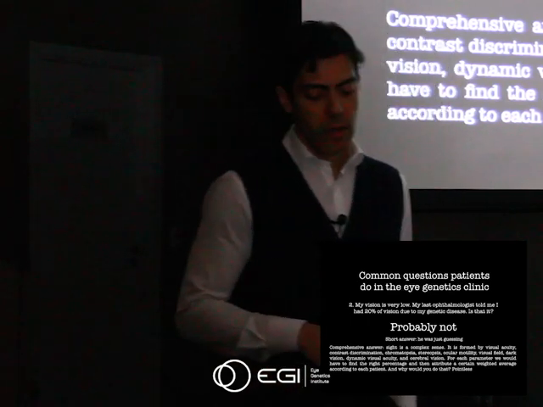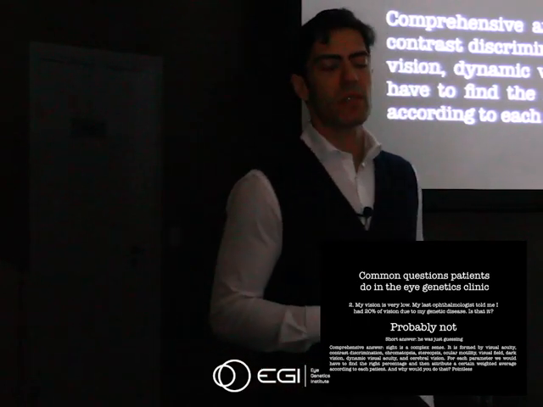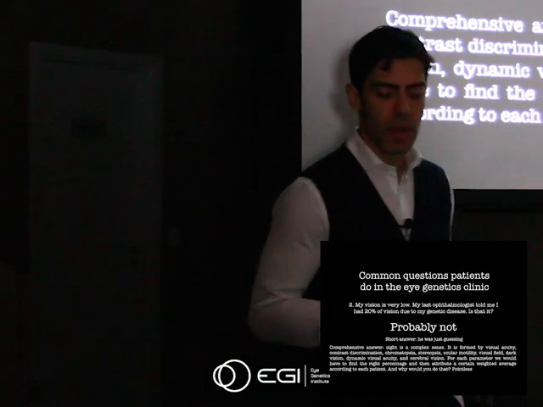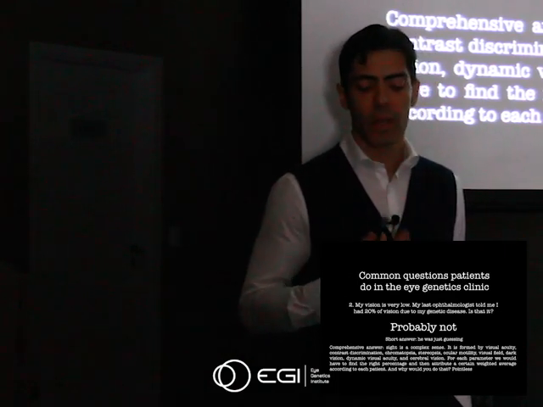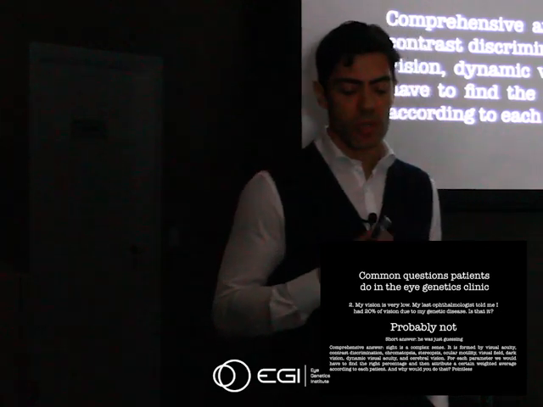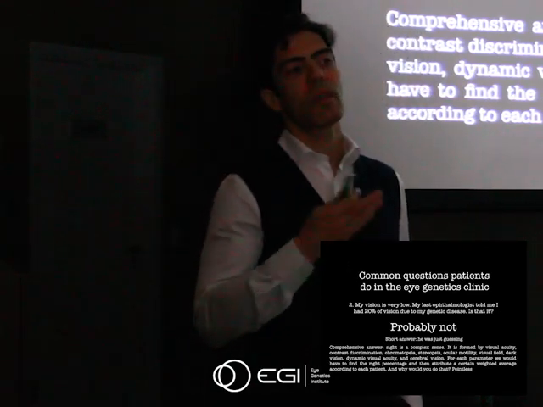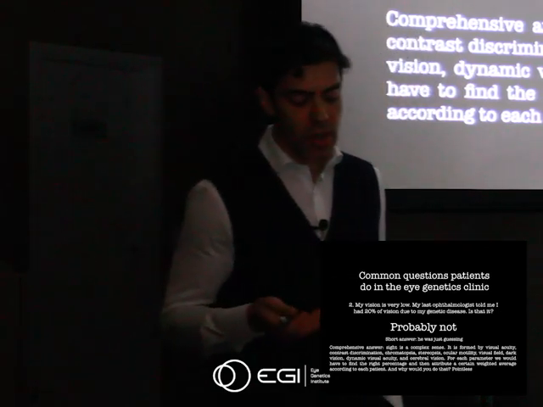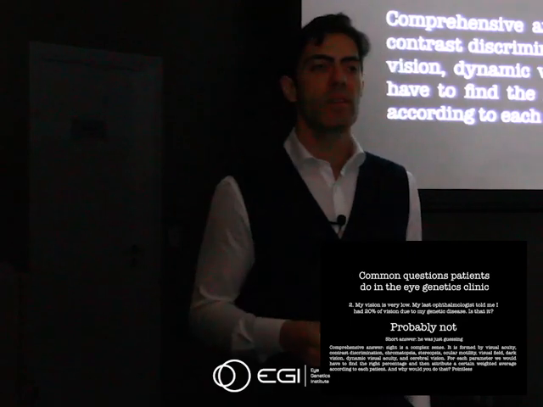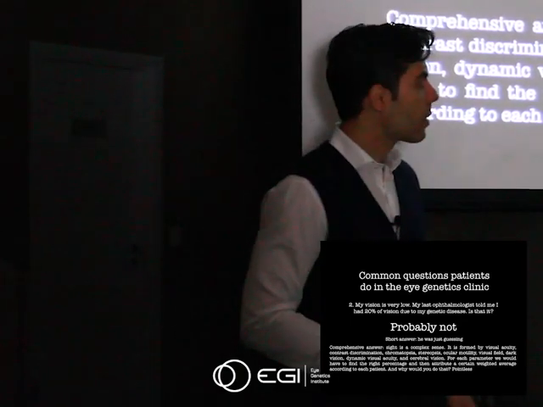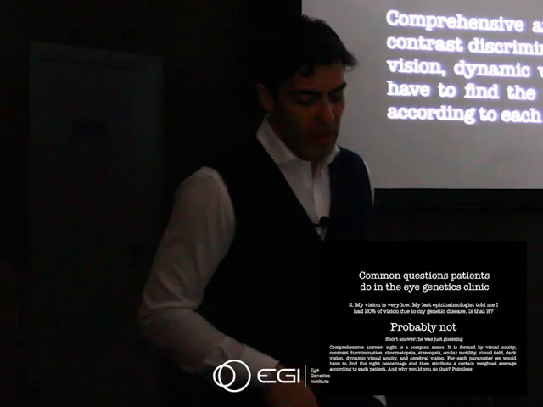Another question. The patient many times comes and says, my vision is very low, my last ophthalmologist told me I had, for example, 20, 30, 40% of vision due to my genetic disease. Is that it?